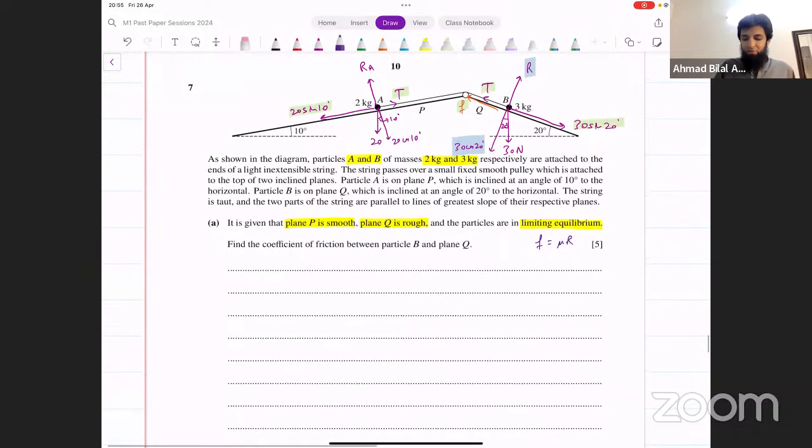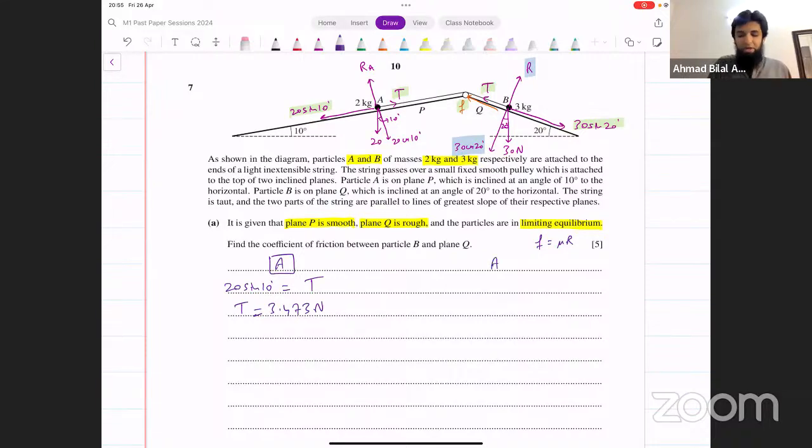Let's equate the opposite forces for A. We don't need reaction here, just ignore that. 20 sin 10 should equal T. We get the value of T from this. Let's see what this turns out to be. 20 sine of 10, that's giving me 3.473. That's the value of tension. Okay, we found the value of tension from this.